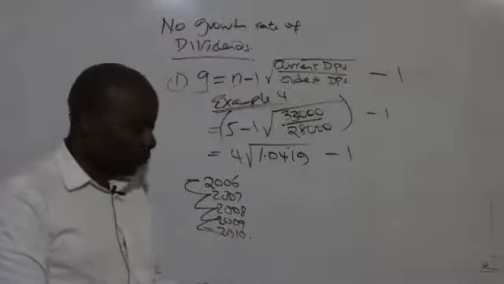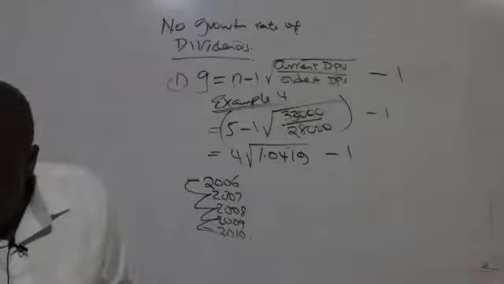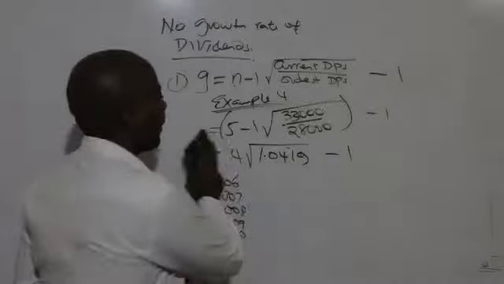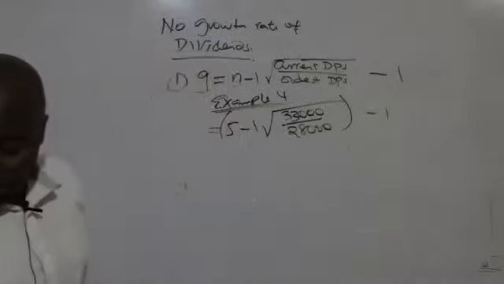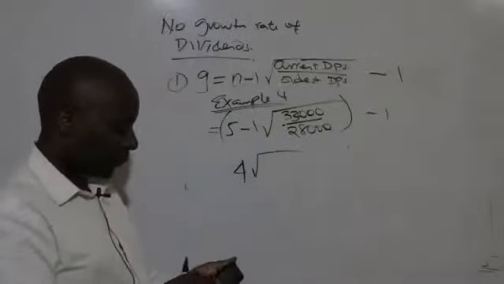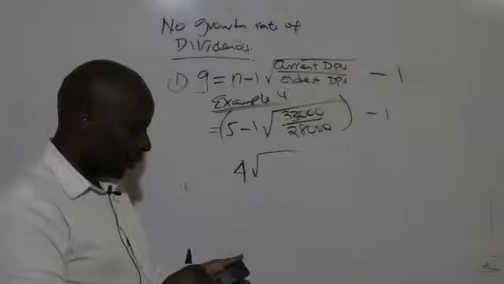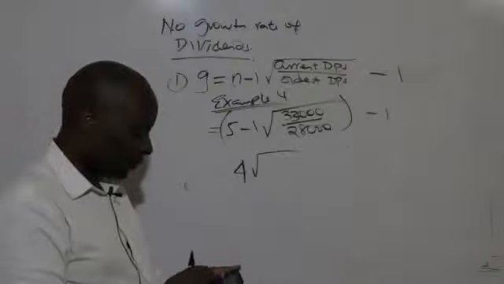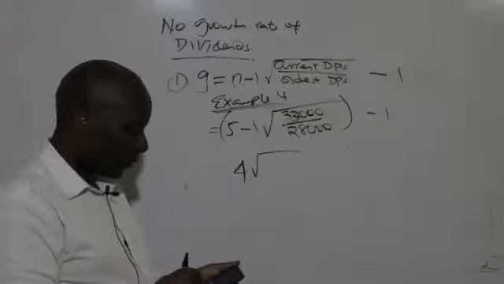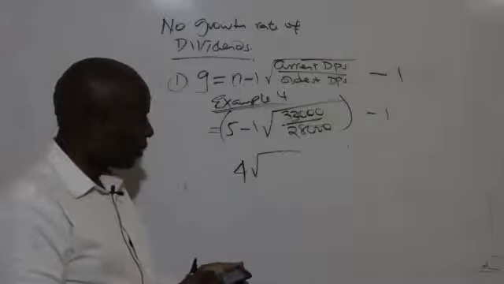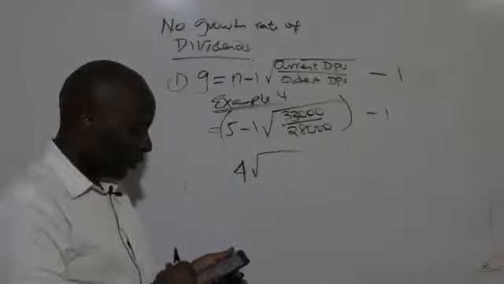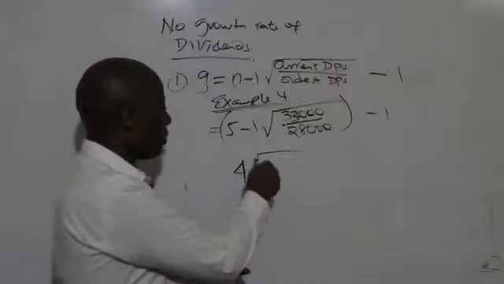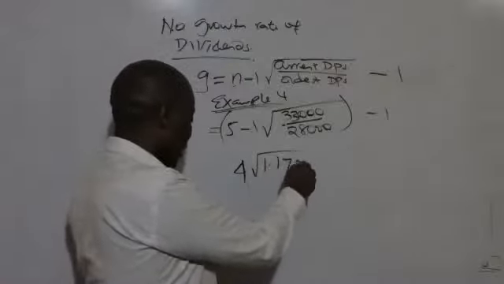I don't know how they are able to get this parameter. Let me just use my calculator. So we are saying here, this will be the fourth root of 33,000 divided by 28,000, which equals 1.1786.